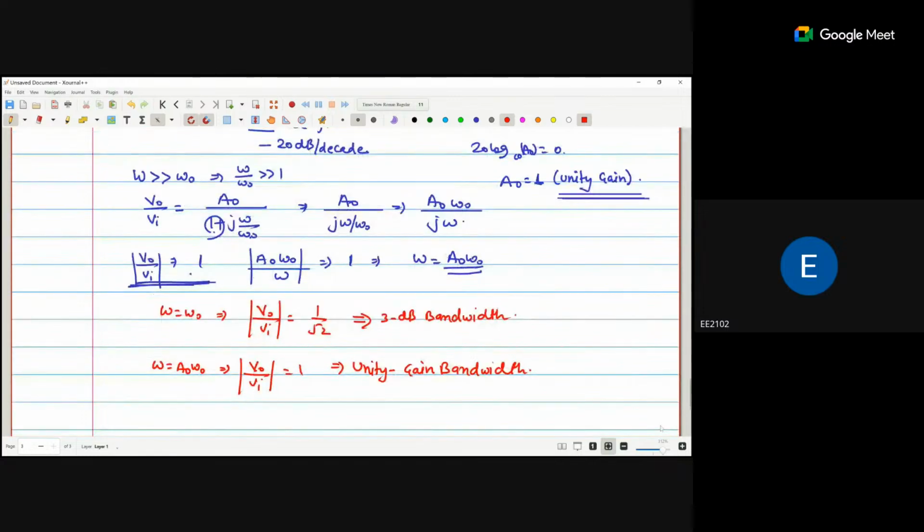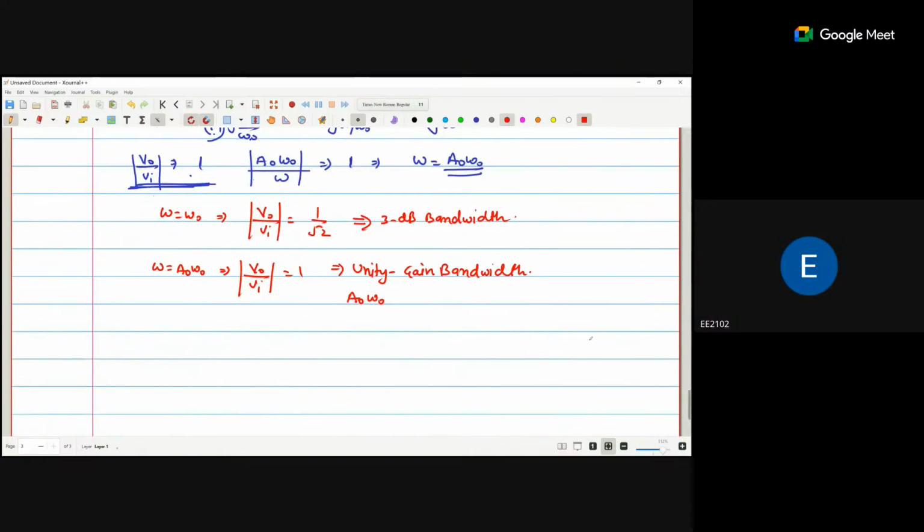Okay, and if you see the unity gain bandwidth, the value of unity gain bandwidth is what? A naught omega naught. Where A naught is the gain, and omega naught is the 3 dB bandwidth.